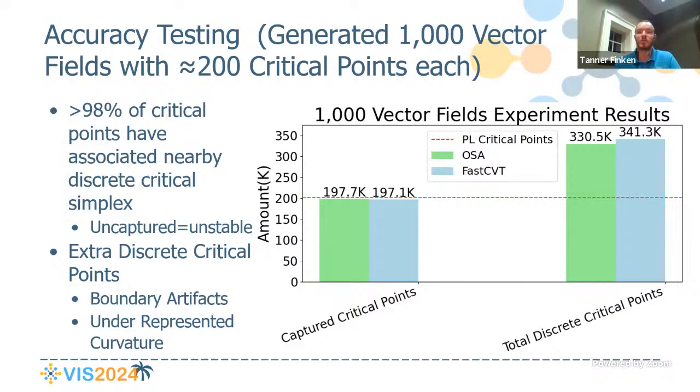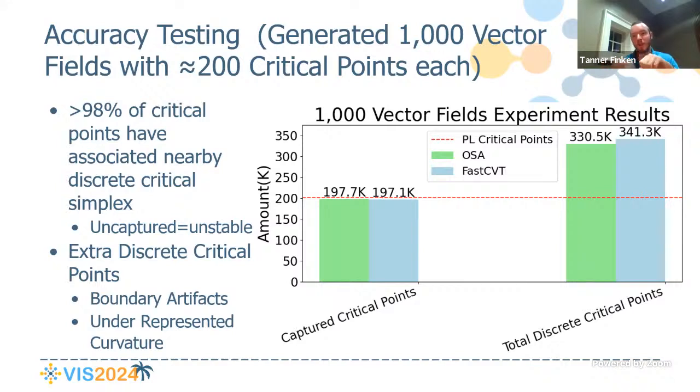Yeah, so we compared to the piecewise linear evaluation on the vector field, and the red bar is going to be how many critical points are in the piecewise linear case. And then when we run our algorithm and FastCVT, they typically generate a little bit more critical points. The reason for this is because typically on the data set we ran it on, there's a boundary. So it'll generate extra discrete critical points along the boundary because there's nothing for it to flow.